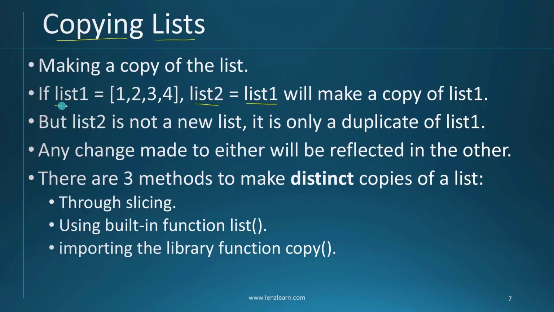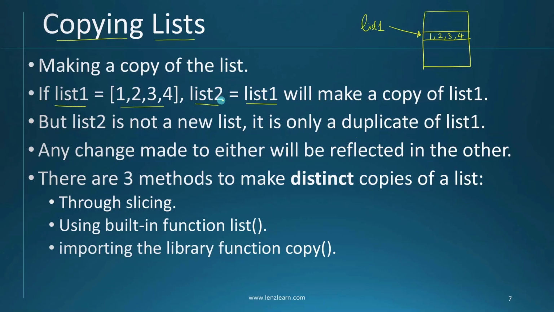So if I create list 1 with value 1, 2, 3, 4 inside the computer's memory, I will create an area for storing the list, and I will store the values 1, 2, 3, 4, and I will create a variable list 1 that refers to this memory unit. So we have seen this before.